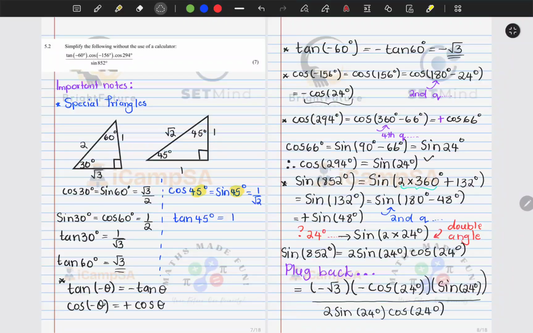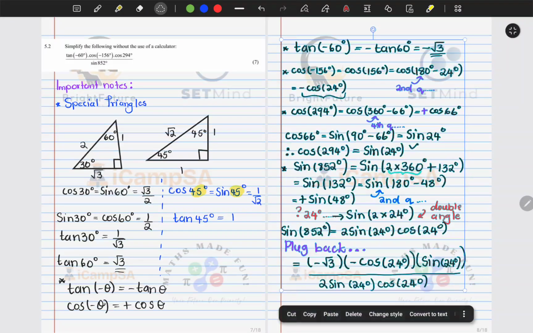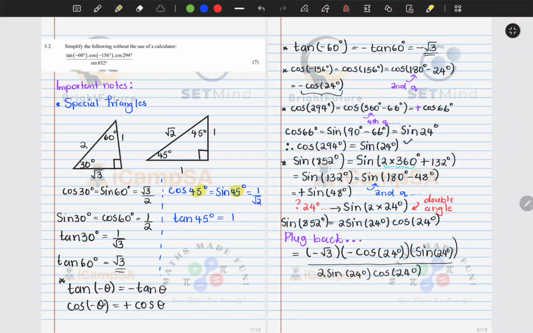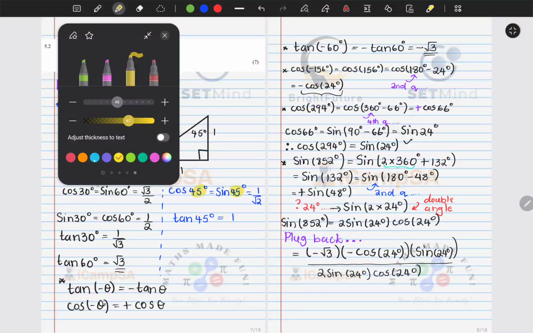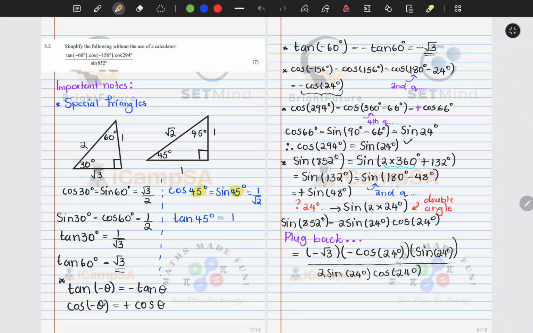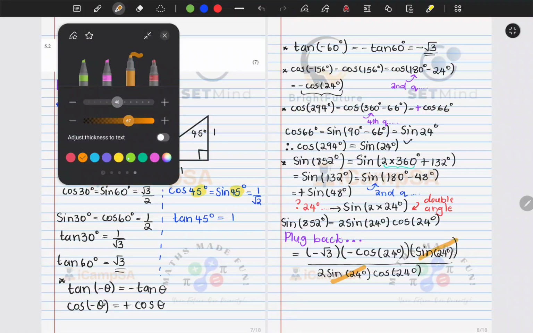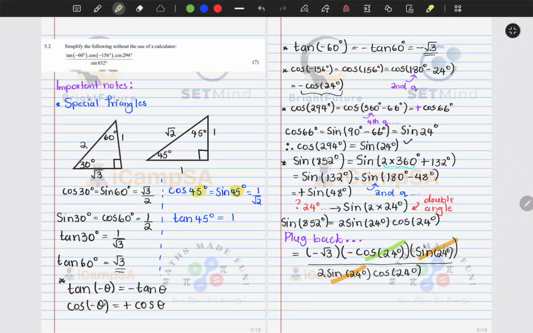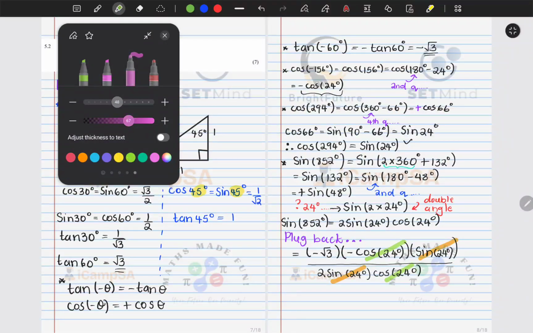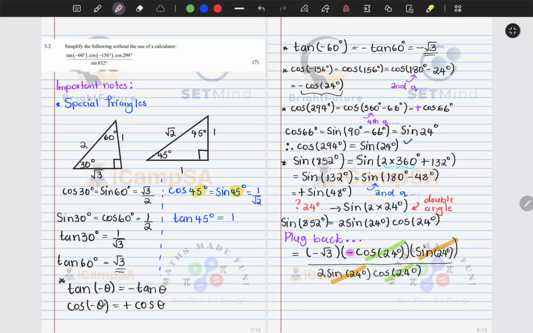And what you should be able to see is that there are terms that are going to cancel here, so that this simplifies easily. What do I mean? Well, have a look. You will see that this sine here will cancel with that sine, and this cos will cancel with the cos, and this negative will cancel with that negative.